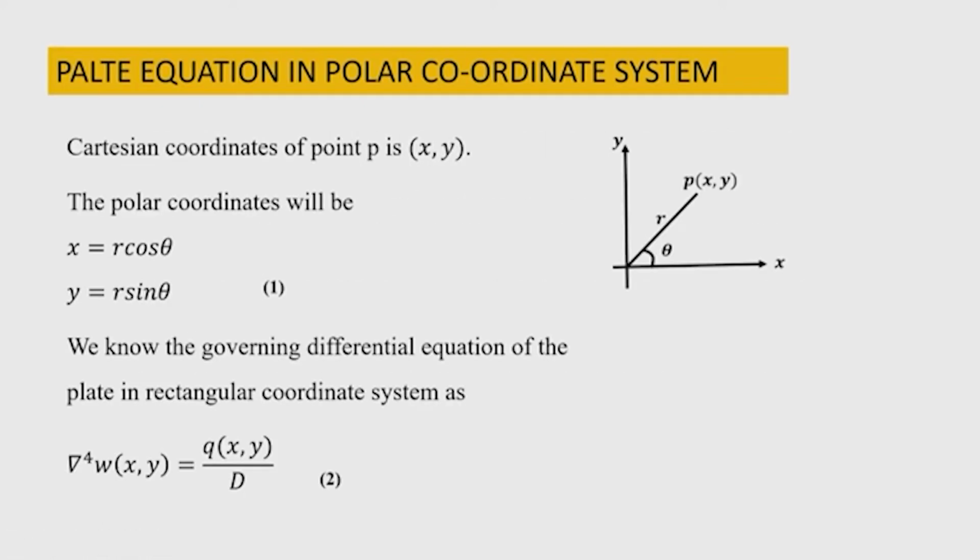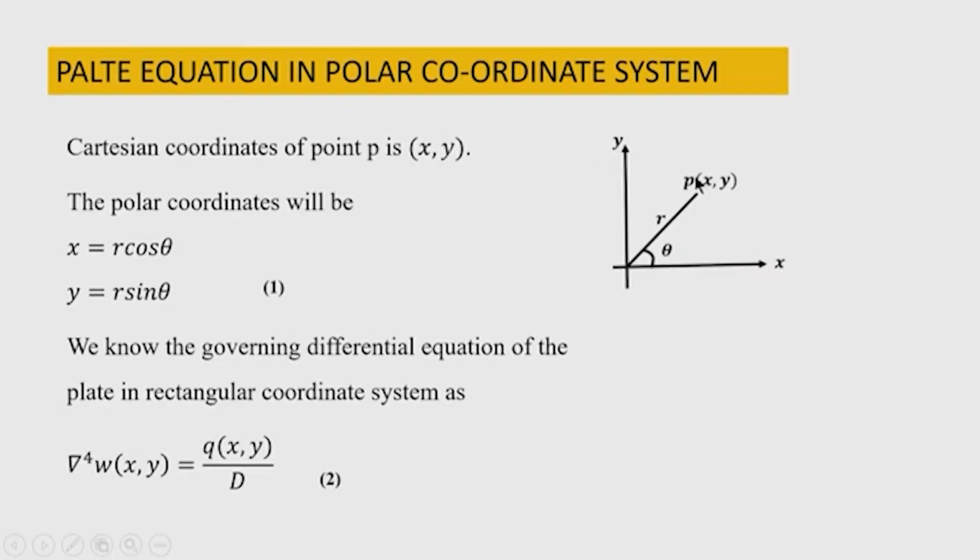So, let us see first how the plate equation can be transformed from rectangular coordinate system to polar coordinate system. You know very well that the polar coordinate system is expressed in terms of two variables: the radial distance of the point from the origin, r, and the angle that the radial line makes with the reference axis.